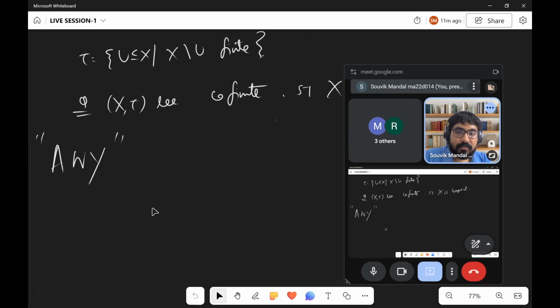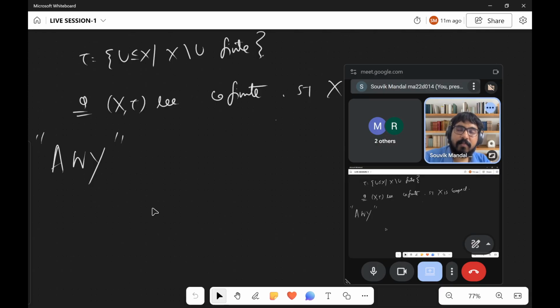So do you have any idea how to proceed with this kind of problem? We can take U1 as just one element removed from X and U2 as two elements removed from X. No, I mean, are you giving some specific open cover?